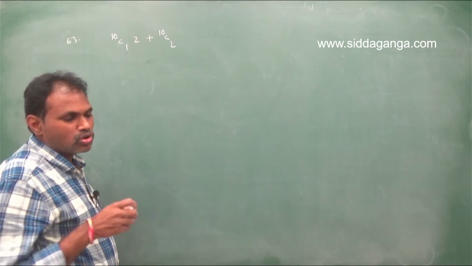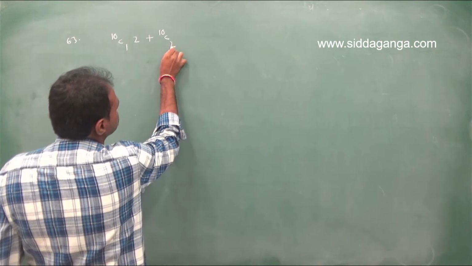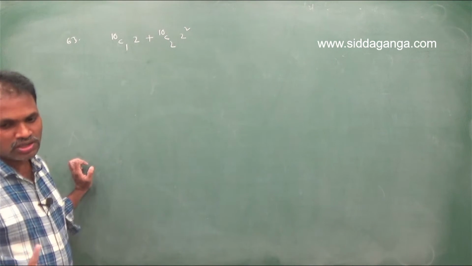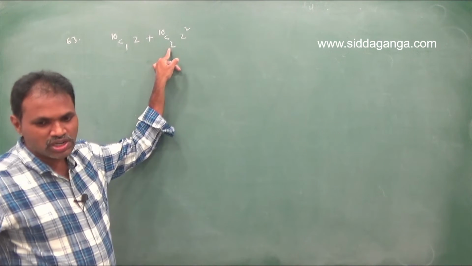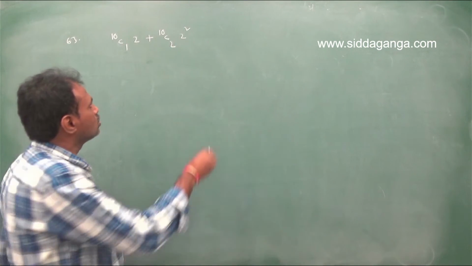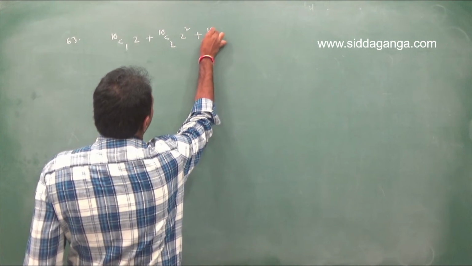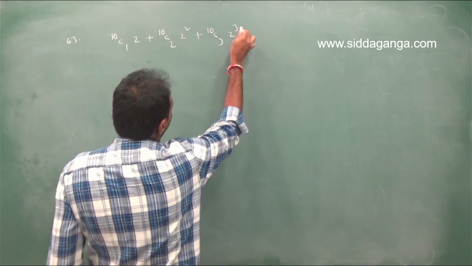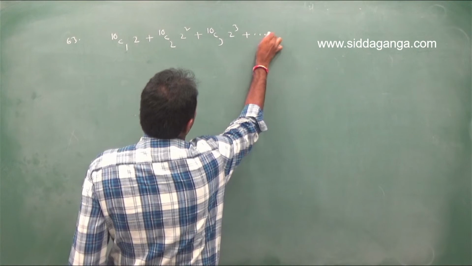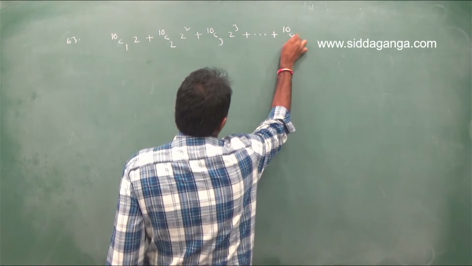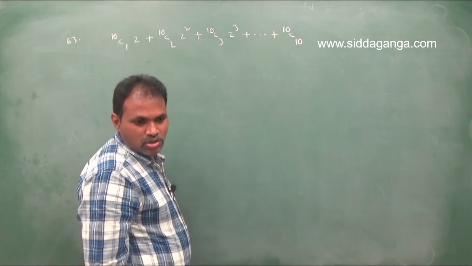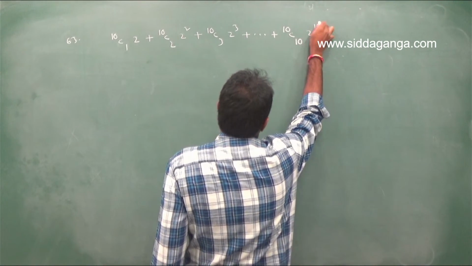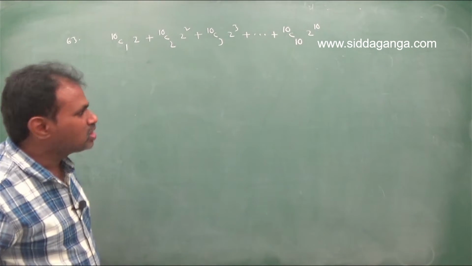Each question having two alternatives, therefore two questions are there, so 2 power 2, plus 10C3. Each question having two alternatives, that's why 2 power 3, plus up to so on, plus 10C10. One or more you can select, therefore 10C10, 2 power 10.